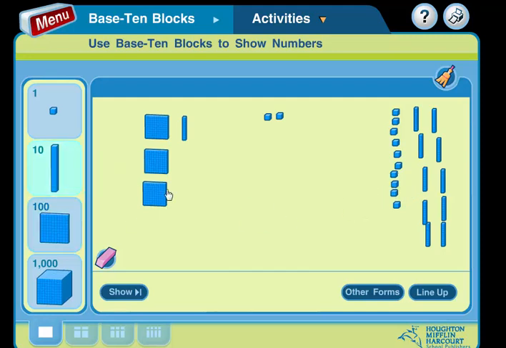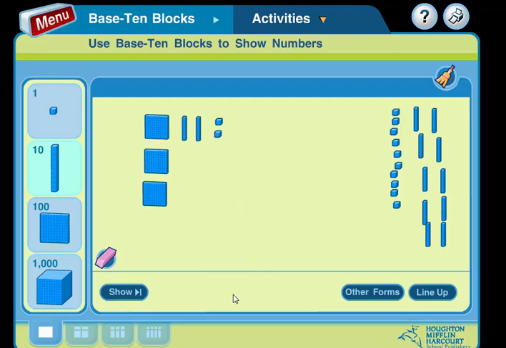So I'm going to take those 10 out and I'm going to add another tenth. Okay, let me just scoot these closer. So now, after I have added these two numbers together, we have 1, 2, 3 wholes, 2 tenths and 2 hundredths. So we have 3 and 22 hundredths.